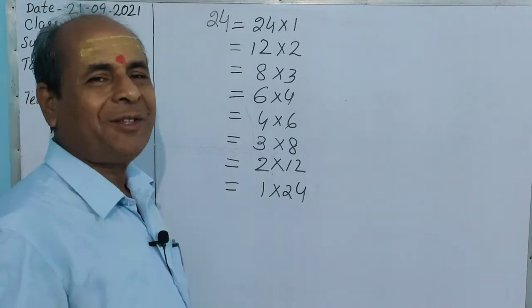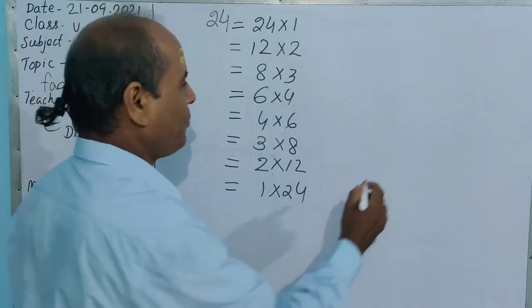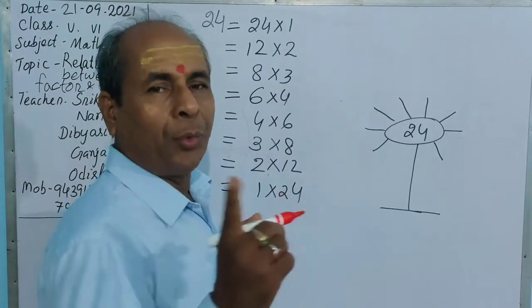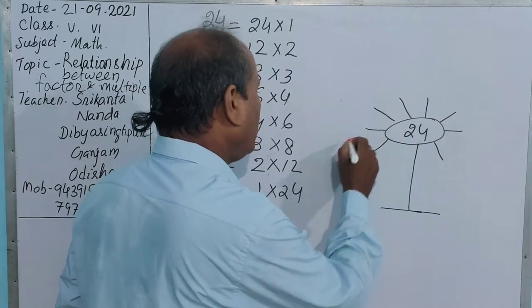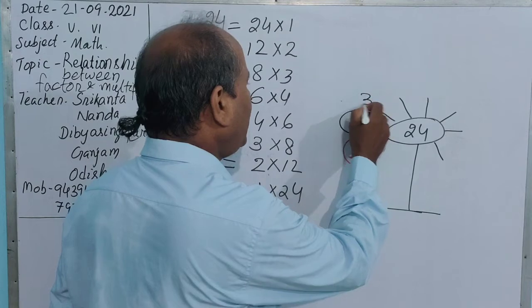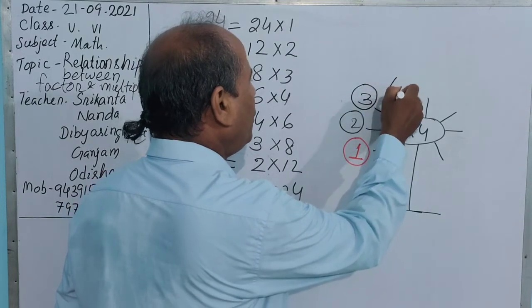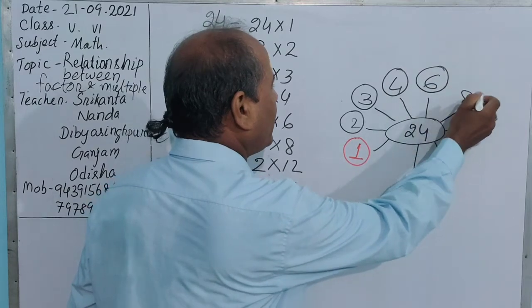Now, we can arrange them like a tree, which we call a factor tree. You see, 1 is a factor of 24, so we write 1 here. Next to 1, 2. Then 3, then 4, then 6, then 8.